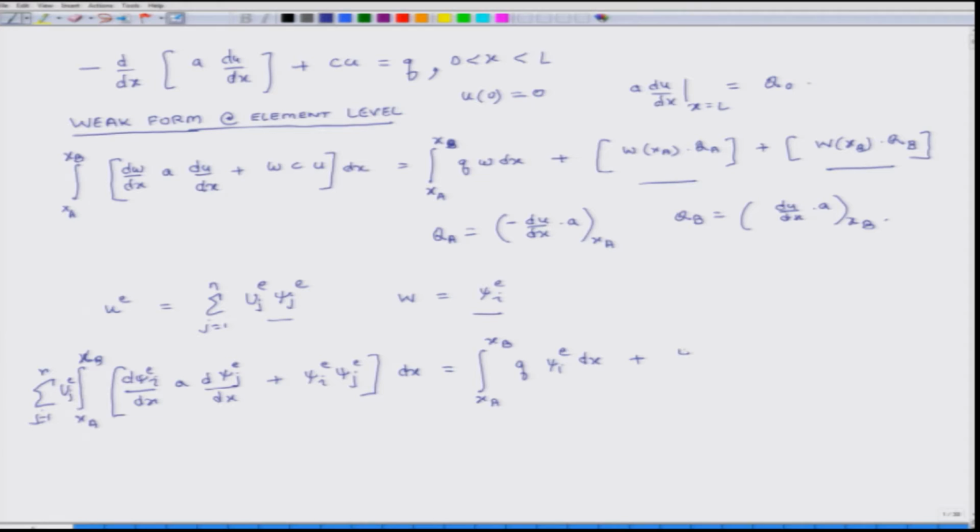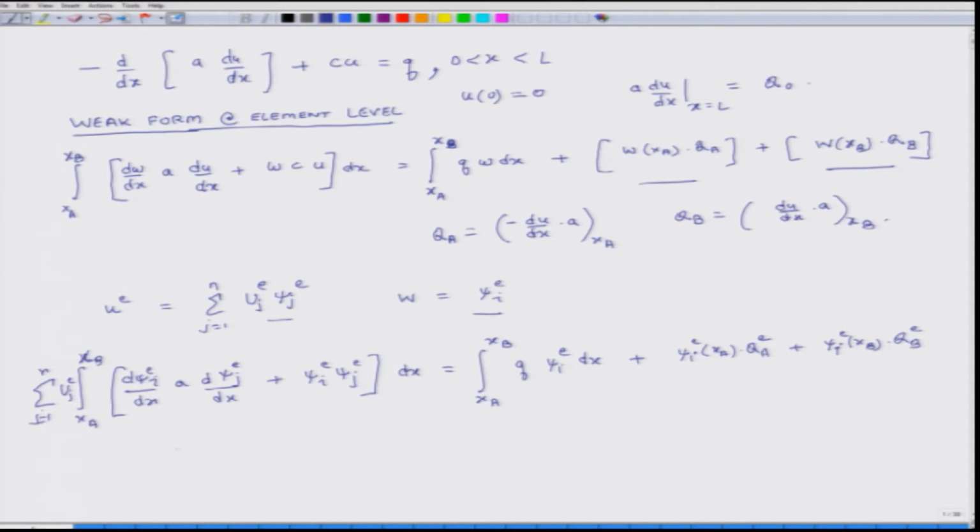So, I get psi I evaluated at xa times qa plus psi I evaluated at xb times qb, and the superscripts on all these terms are e, because this corresponds to the eth element.